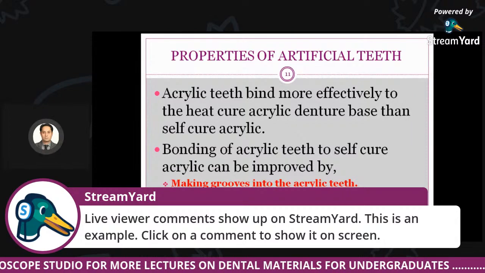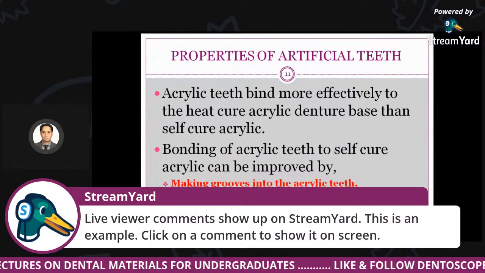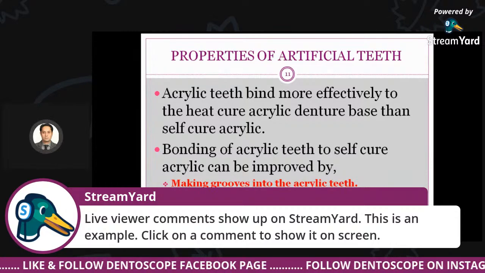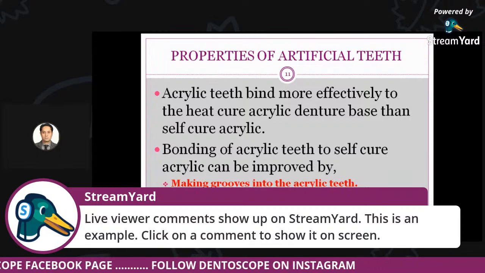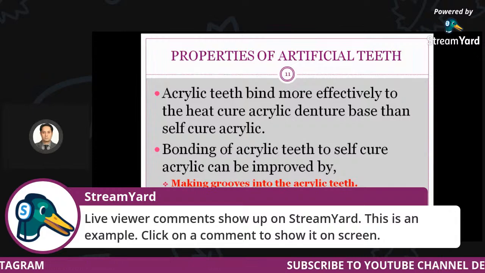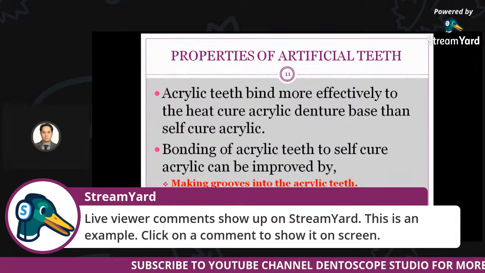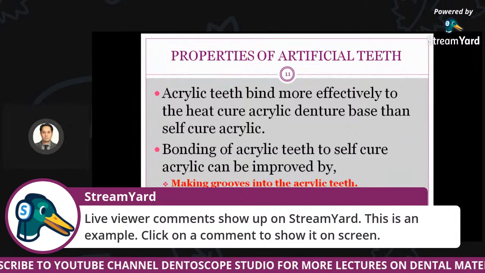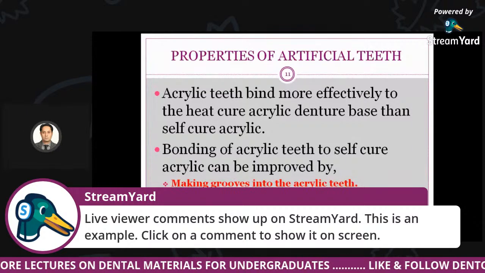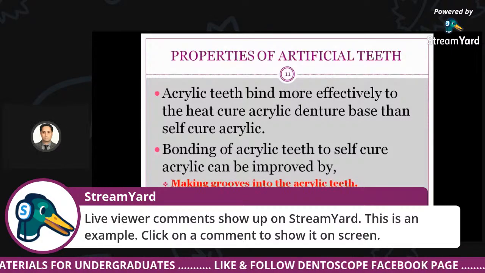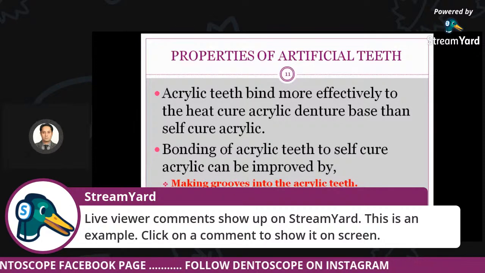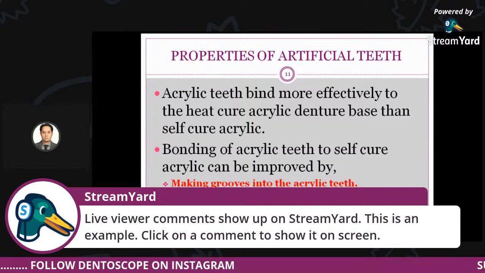In case a self cure acrylic denture base needs to be fabricated, there are certain grooves, or you can say fissures, which are made at the backside of the acrylic teeth. You just make them yourself. Being an operator, being a lab technician, he has to make those grooves himself so that the self-cure acrylic interlocks between those holes and grooves.